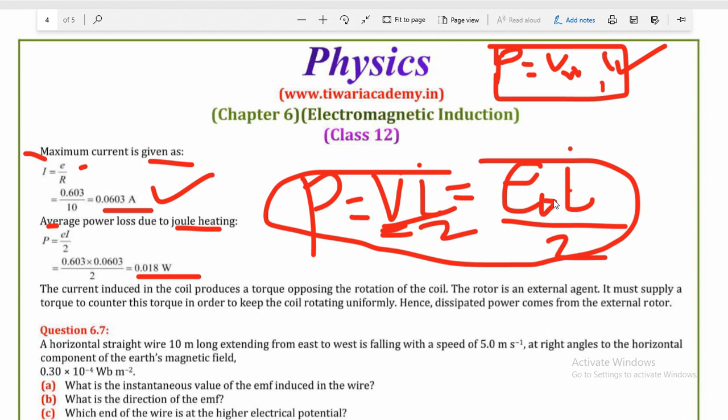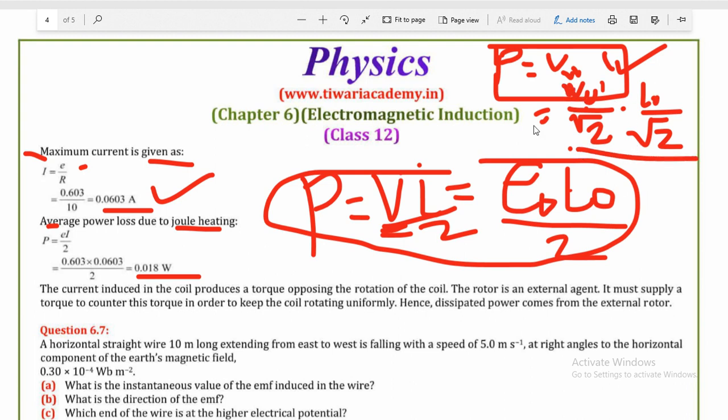If you change this formula into the form of the maximum value, Vrms becomes V0 by under root 2, and Irms becomes I0 by under root 2. So if you complete this formula, it becomes V0 into I0 by 2.